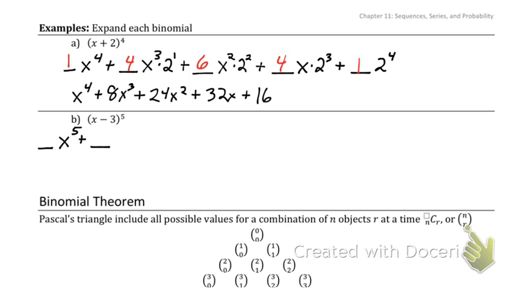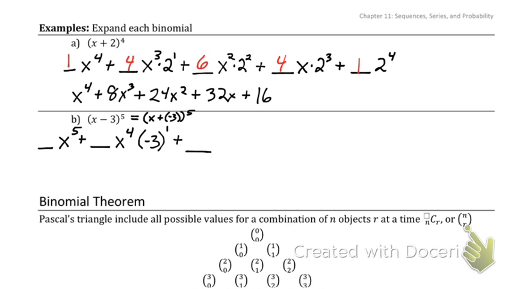Then we're going to add, pretend like I don't know my coefficient yet, x^4, but I have to bring in my other term, which is going to be negative 3. So you could, if you wanted to, rewrite this as (x + (-3))^5, or just remember you bring down a negative 3 here. And that's to the first power.